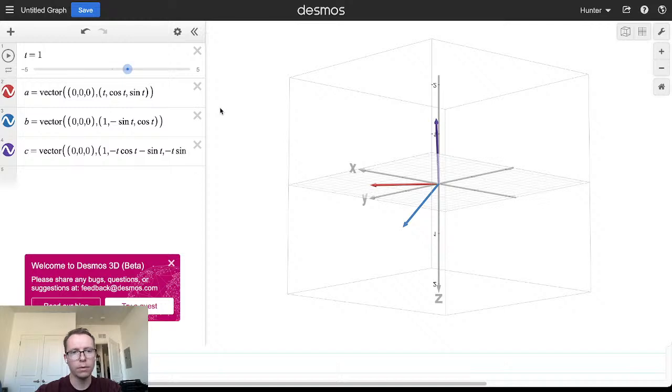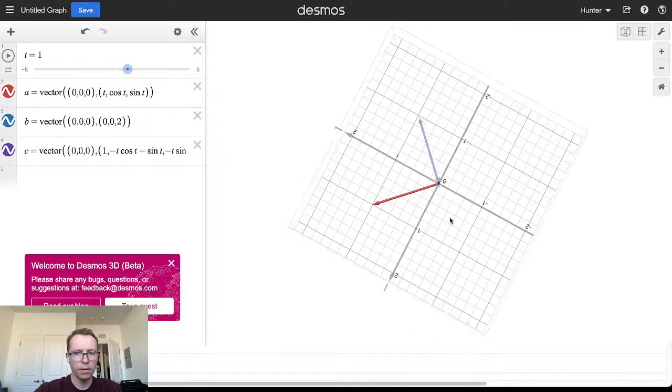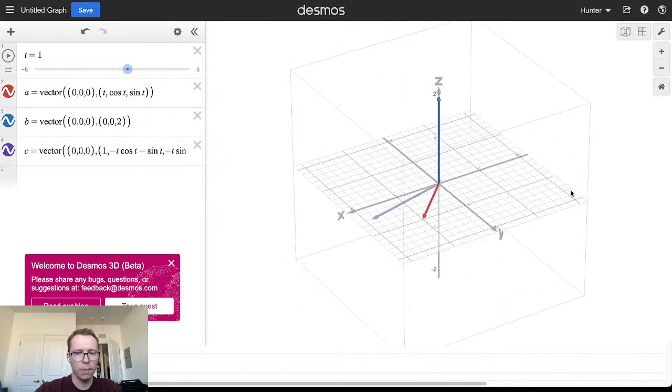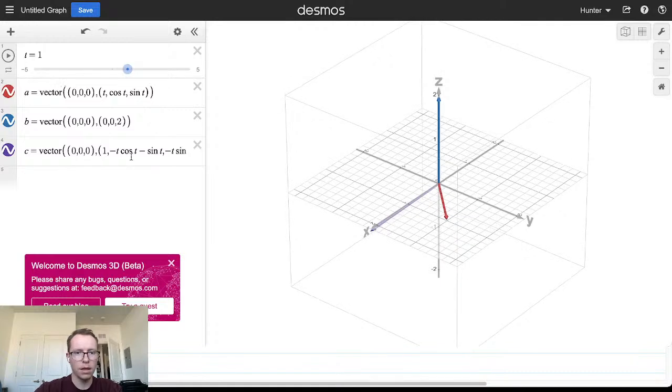Okay, when I am stuck like that, I usually just come here. So let's put our B as 0, 0, 2. And we gotta flip this back right side up. And then we'll turn the C off for now.